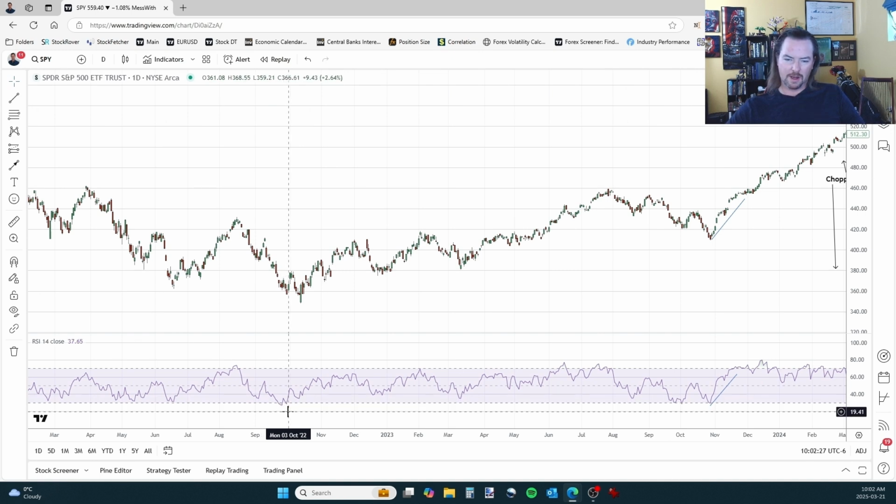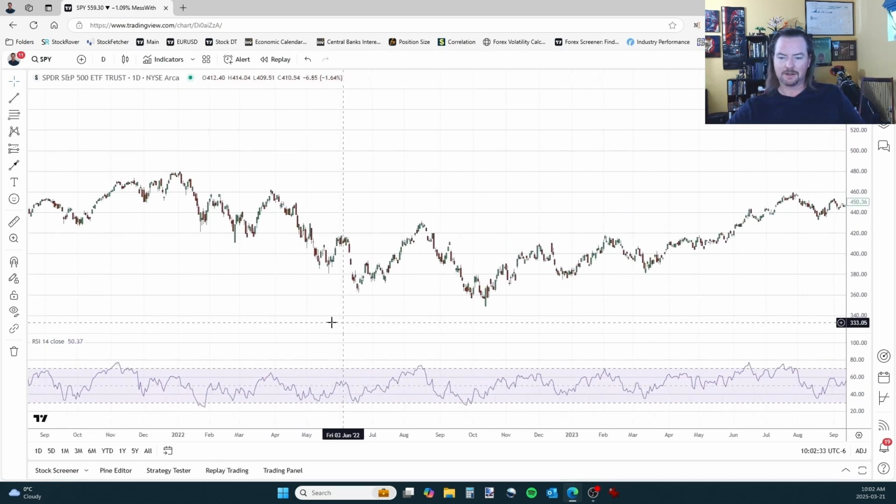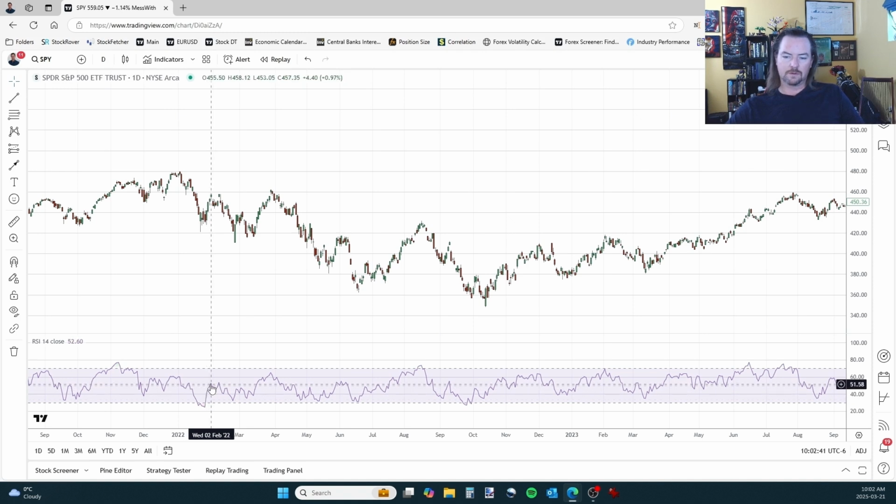This one drops, this one does go just slightly back below 30, so that's not an ideal example. Here's one, we go below 30, boom, big rally back above it. Now, this pullback stays above 30, and then it moves above that swing high. So that would technically be a buy point right there.